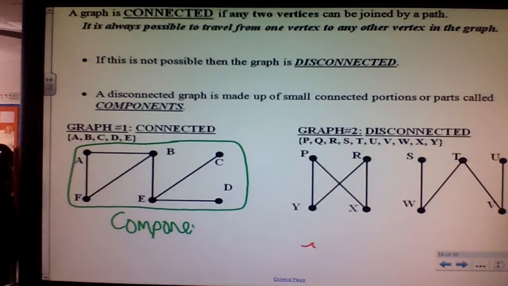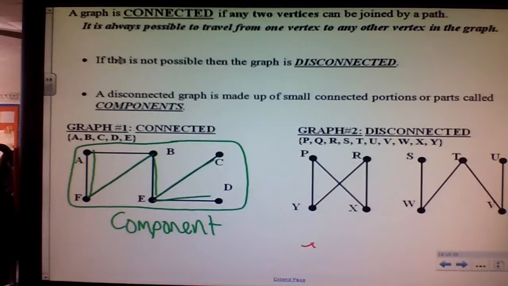Wait, what do you mean they're connected? Because every dot is connected somehow, some way. That means there are edges going out to everything. But that's weird, because F and E are not connected.